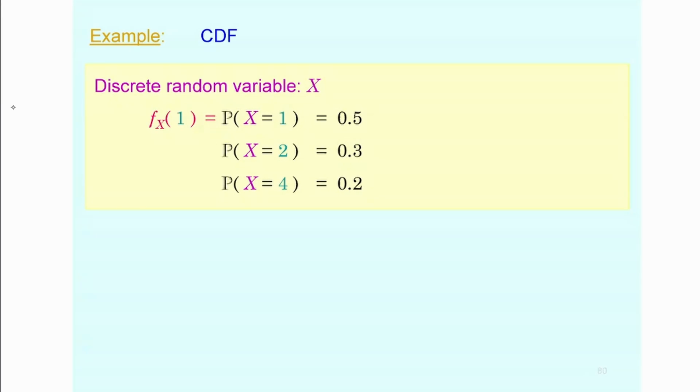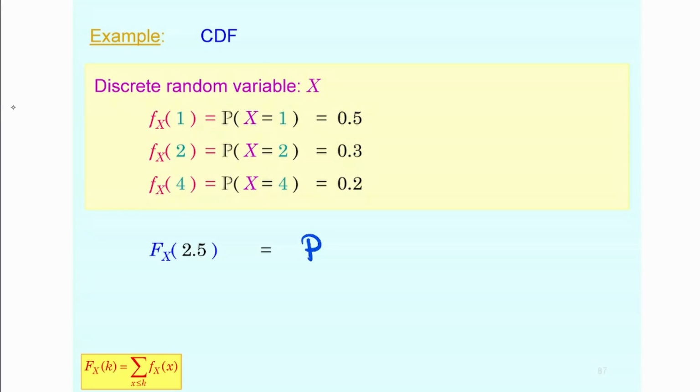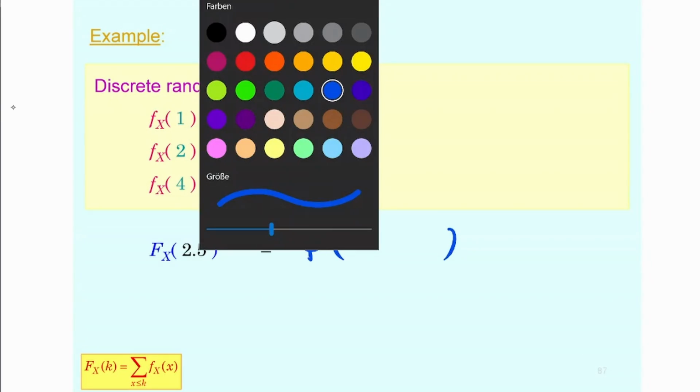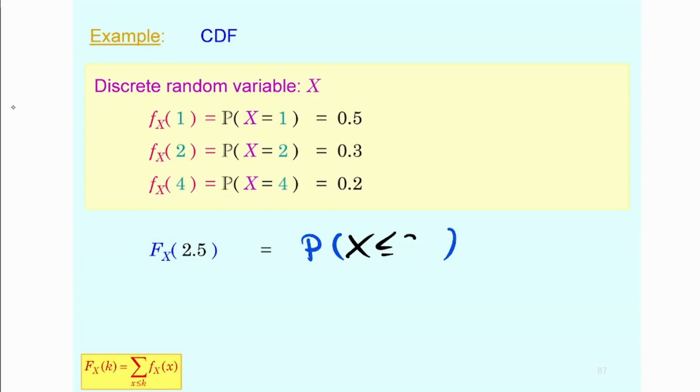This corresponds to the probability mass function at point 1, at point 2, and at point 4 respectively. Now, we're going to look at the cumulative distribution function at point, let's say, 2.5. Now, 2.5 is not a realization of the random variable x, but it doesn't really matter. You can also tell what the probability is for the random variable not being greater than 2.5.